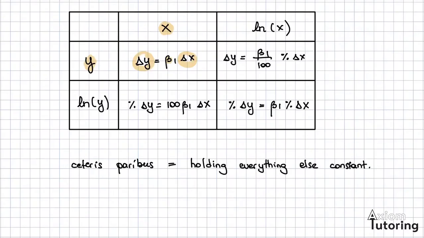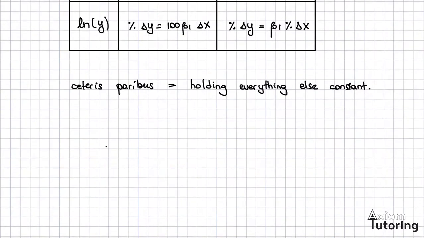Okay? What does that mean? Let's see that in an actual setup of a multiple regression. Let's imagine that we have ln of y equal to beta 0 plus beta 1 ln of x1, and let's say that we also have beta 2 x2 plus an error term.